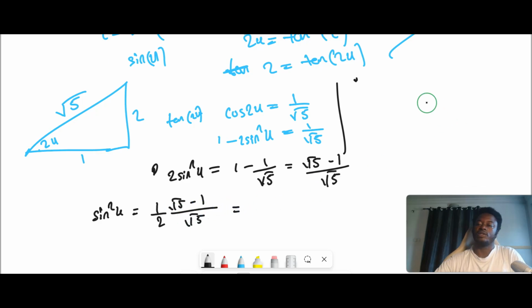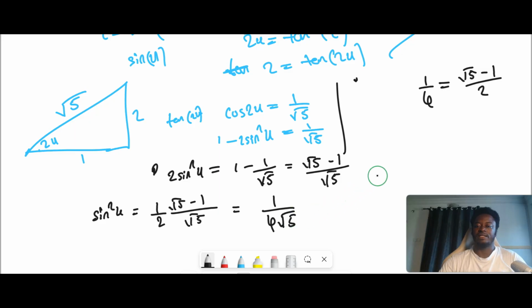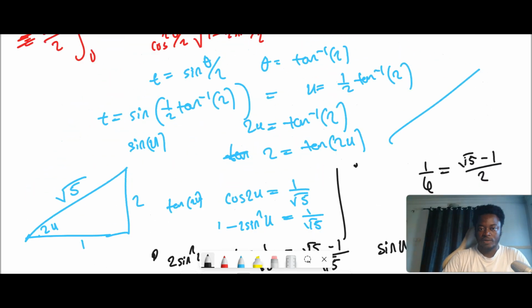We already know that 1 over phi is defined to be square root of 5 minus 1 divided by 2. So this is 1 over phi square root of 5. So sine of u that we're looking for is the square root of 1 over phi square root of 5.